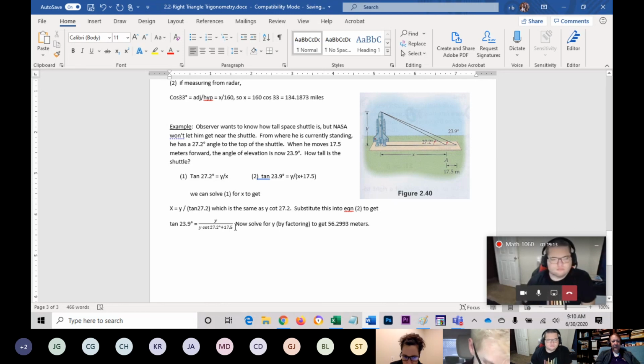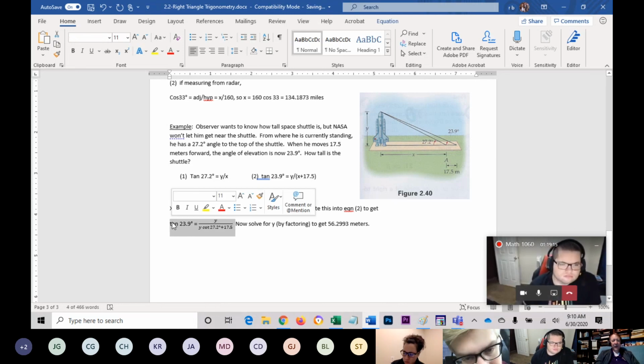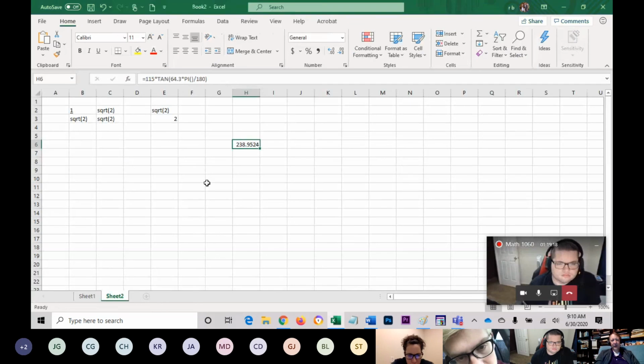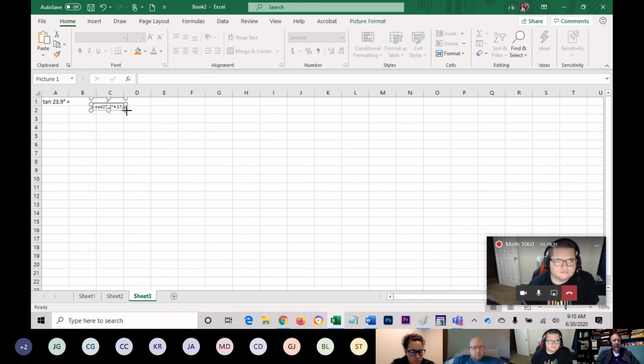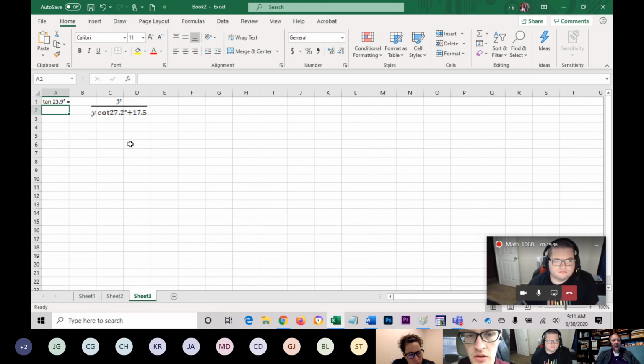Let's think about this for a second. Let me go back to here. I think this is going to be a little bit easier. Oh, that didn't copy very well. Oh, there we go. Okay, so tangent of 23.9 equals y over y times the cotangent of 27.2 plus 17.5. How would you solve this for y? Because we're going to test your algebra skills, and we're going to make sure you know what you're doing here.